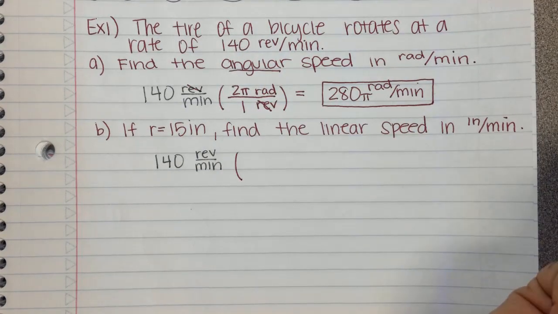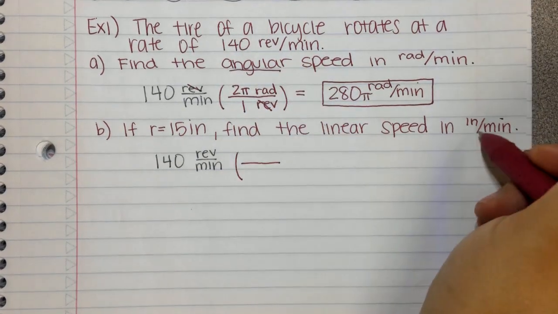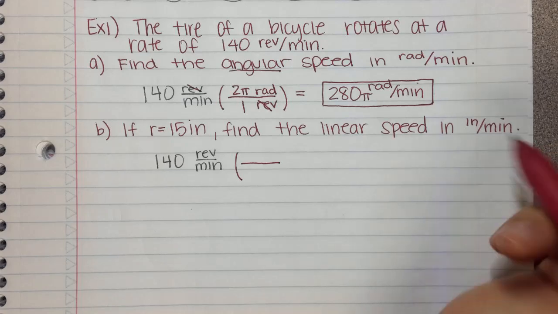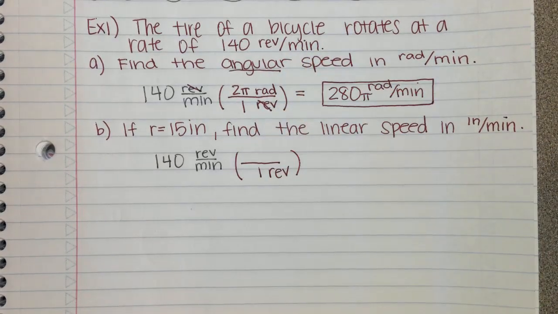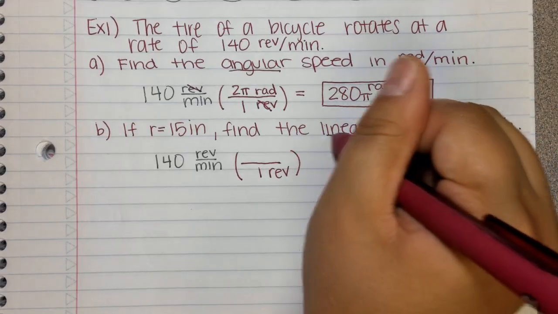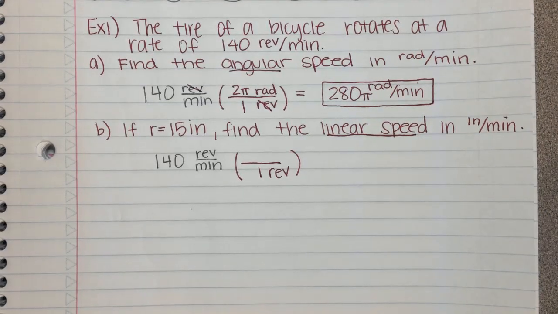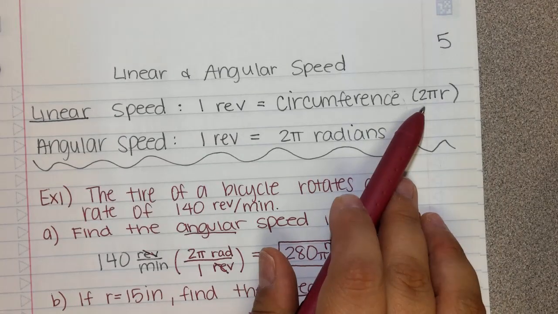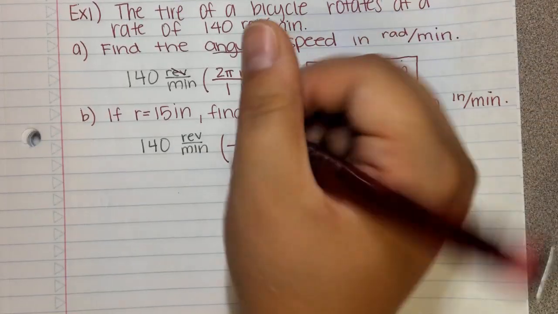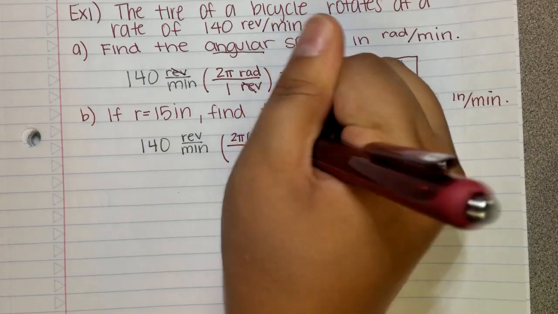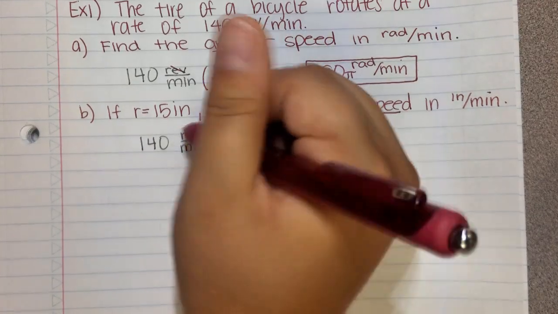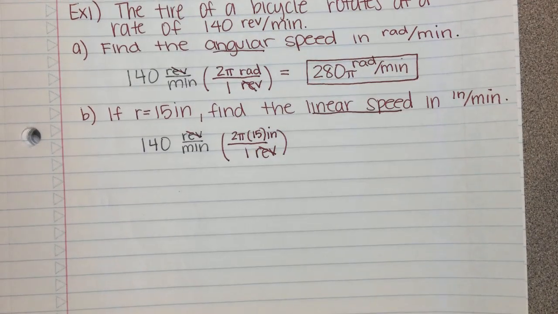I want to get rid of revs because I want minutes on the bottom. And didn't I say 1 rev is always 1? 1 revolution is what for linear speed? The circumference, 2 pi r. So I'm going to write 2 pi, what's my r? 15 inches. Now I can cross out the revolutions. Am I left with inches over minutes?